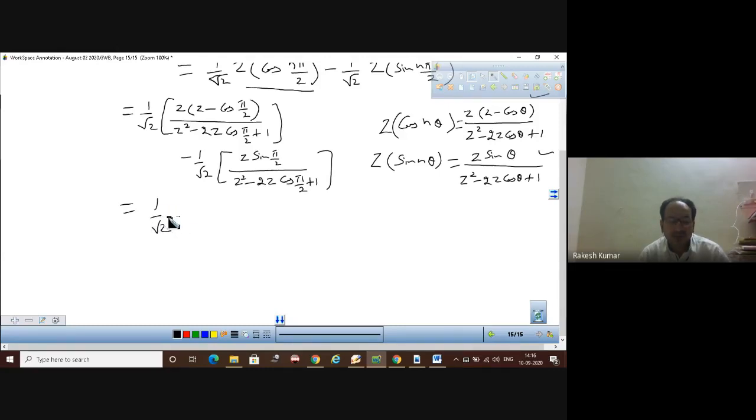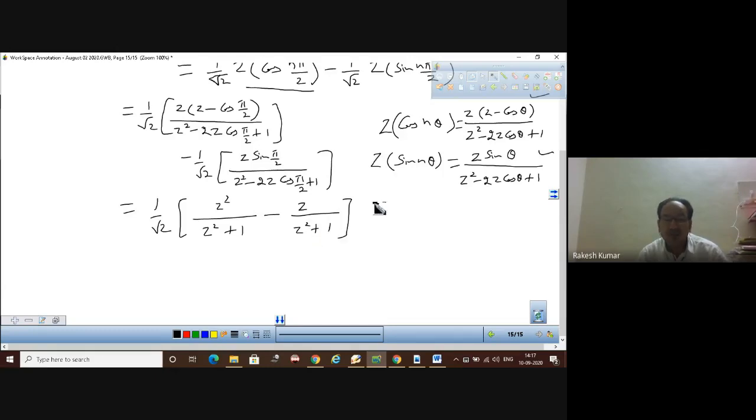So this will be 1 by square root 2, and in the numerator there will be Z square now, and in the denominator there will be Z square plus 1, because cos pi by 2 also gives 0, and 1 by square root 2 can be taken common. Sin pi by 2 is again 1, because sin 90 is always 1. So the denominator is Z square plus 1.